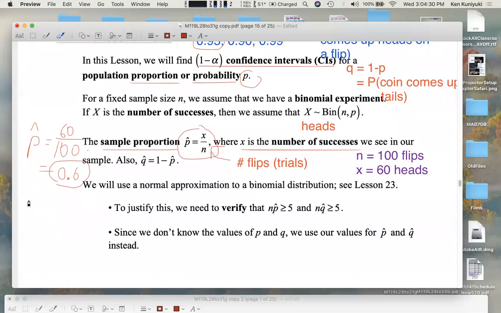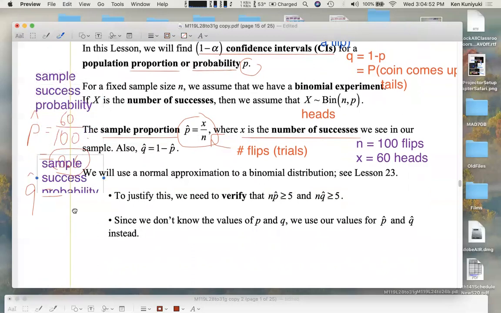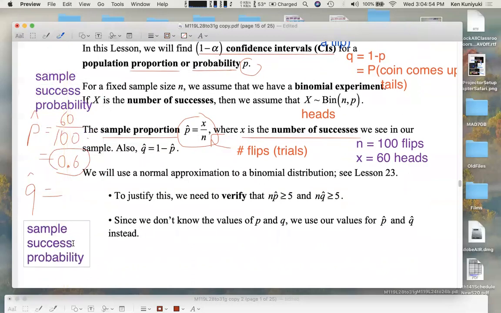So what is the sample proportion of tails? Again, we can think of p hat as the sample success probability or proportion. We can think of q hat as the sample failure probability or proportion.